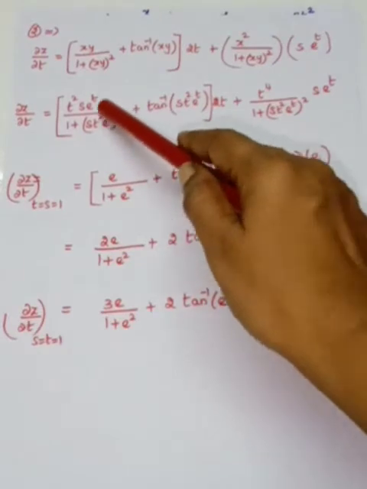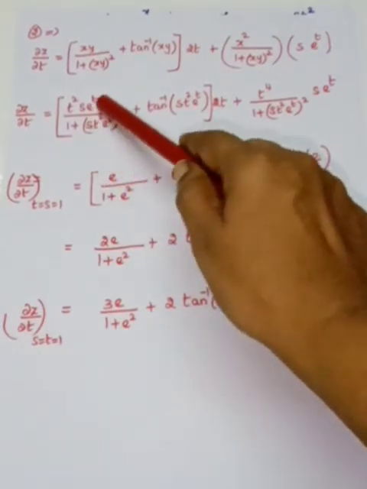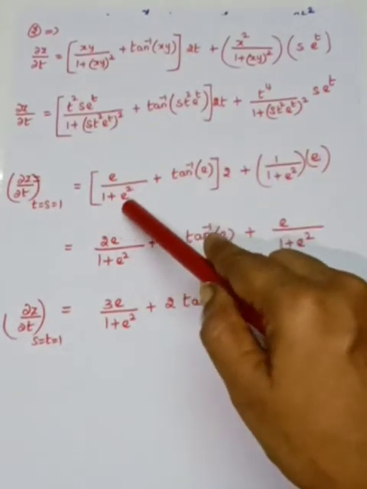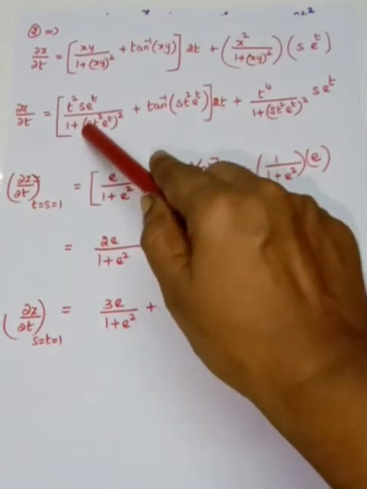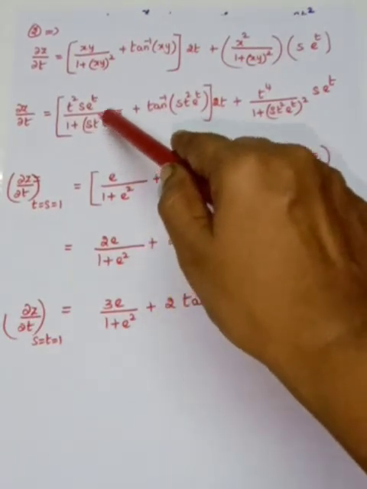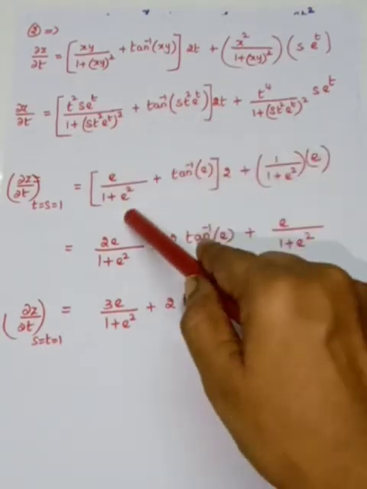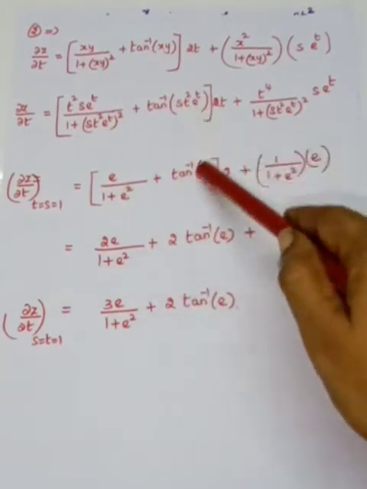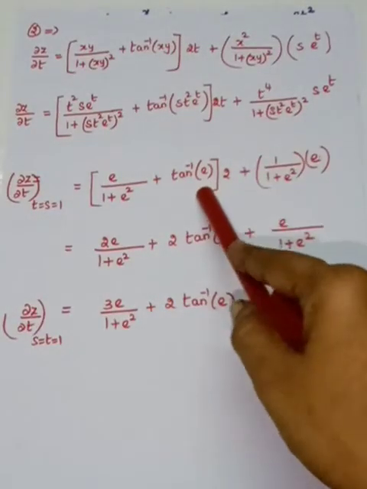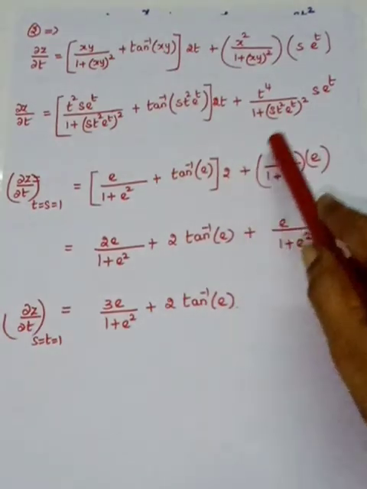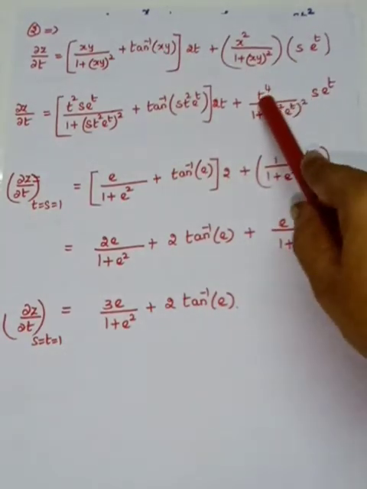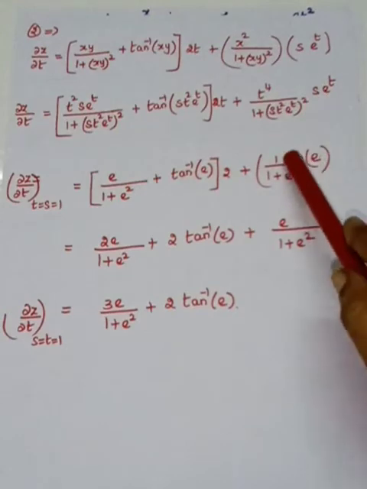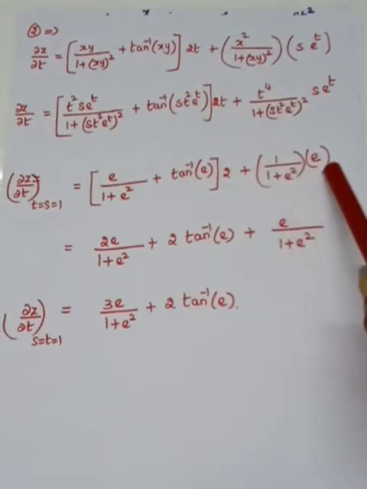So when you substitute here, you will have only e in the numerator divided by 1 plus e squared. So everything is 1, 1, e power 1. So e power 1 is e, so the whole squared is e squared. Here also tan inverse of e into 2 plus, when you substitute here t as 1 and s as 1, that is 1 divided by 1 plus e squared into e.